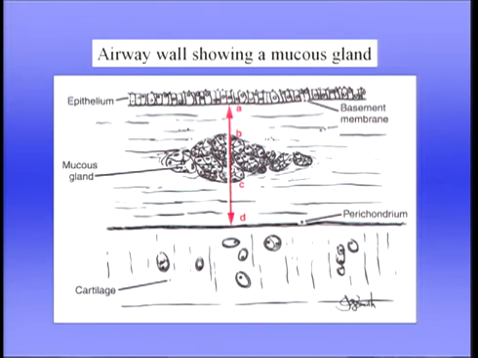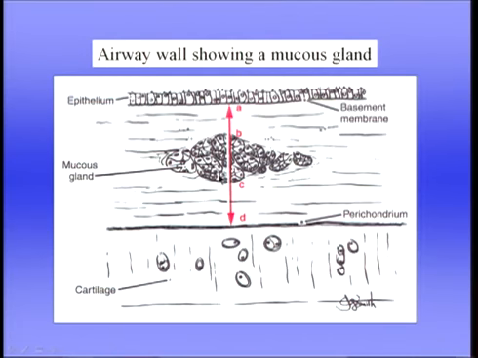Here's a section, this is just a drawing of the airway wall, and you can see the airway epithelium here. This is the lumen of the airway. Here's most of the wall of the airway, and then the cartilage below it. And you can see in the middle of the wall of the airway, we have this mucus or seromucous gland.